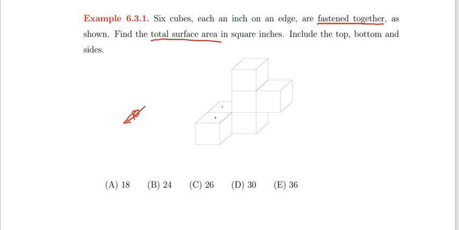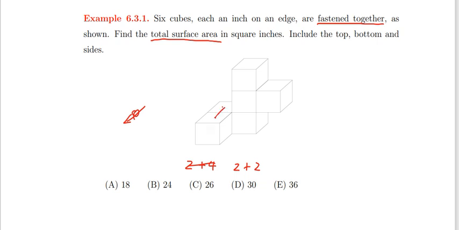So the top is 2, the bottom is 2. Then 2, 2, 2 plus 2, and plus the other 2.